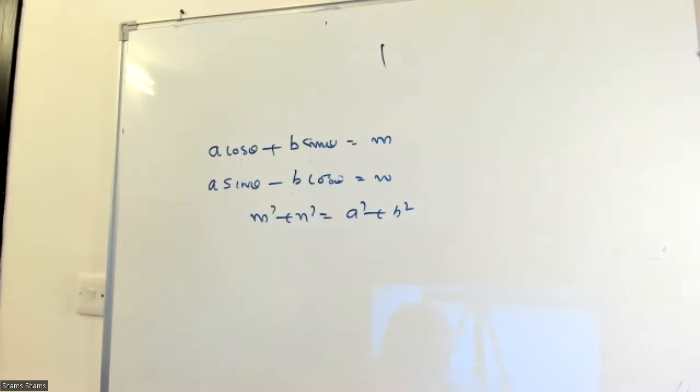First one, M equal to A cos theta plus B sin theta. N equal to A sin theta minus B cos theta.